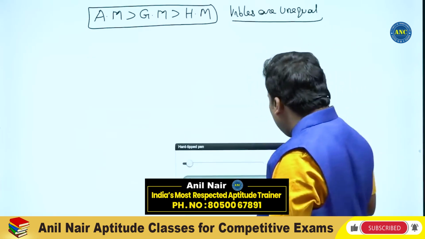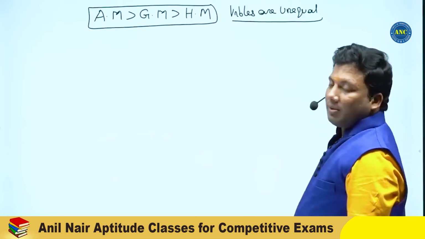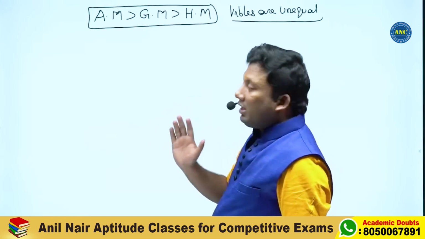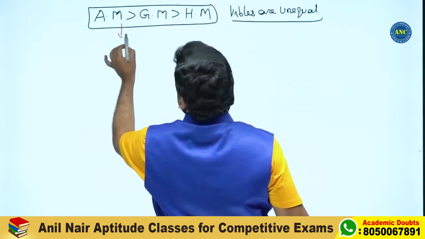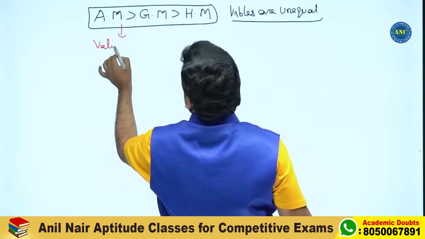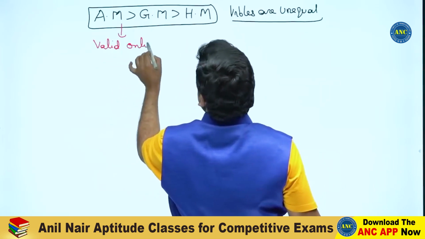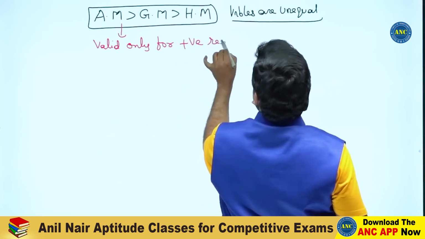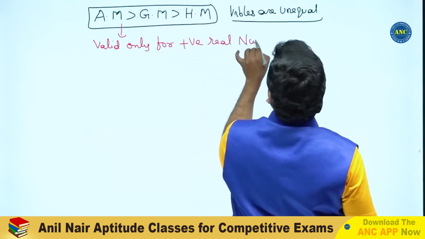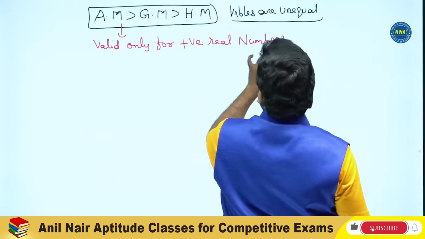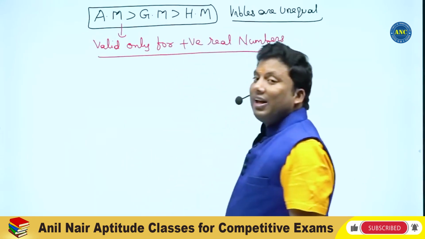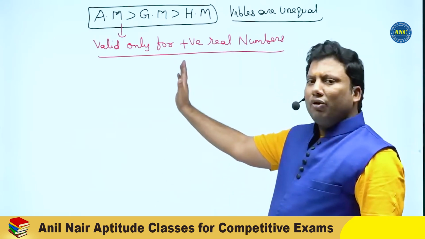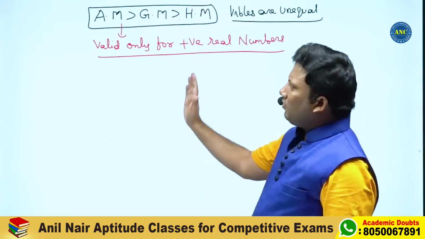Now, this comparison of the means, arithmetic mean, geometric mean, and harmonic mean, is valid only for positive real numbers. This concept holds good only for positive real numbers. There will be some questions where you will realize that this is not working for a positive real number. Some beautiful questions in a CAT algebra batch we will discuss.